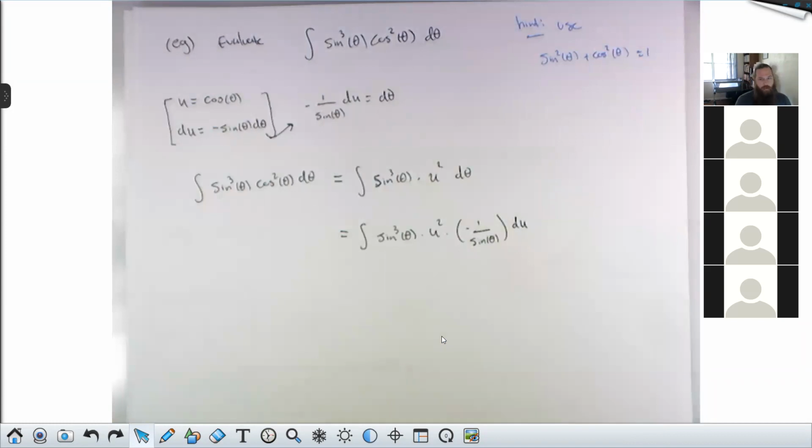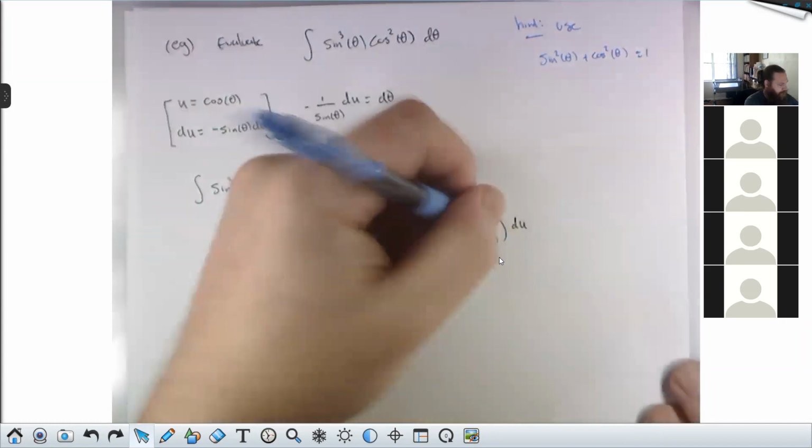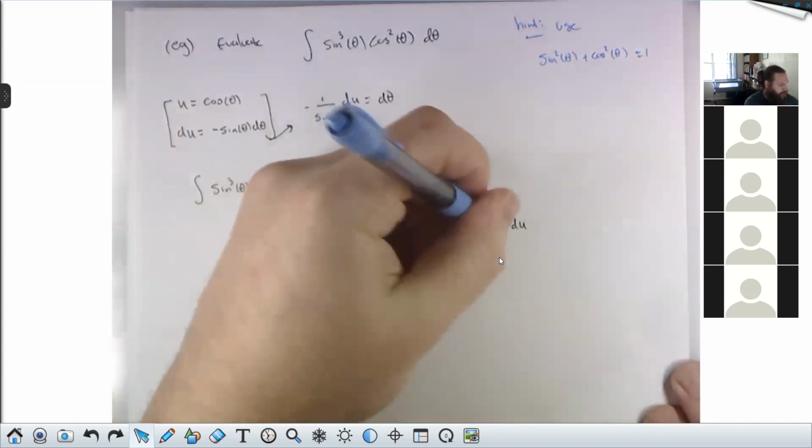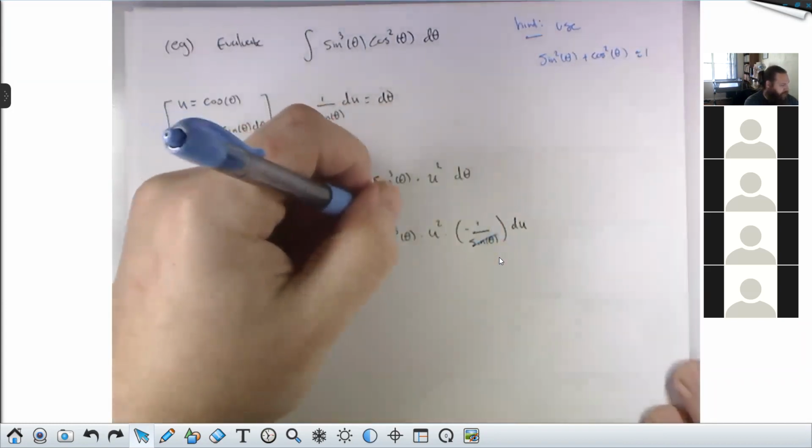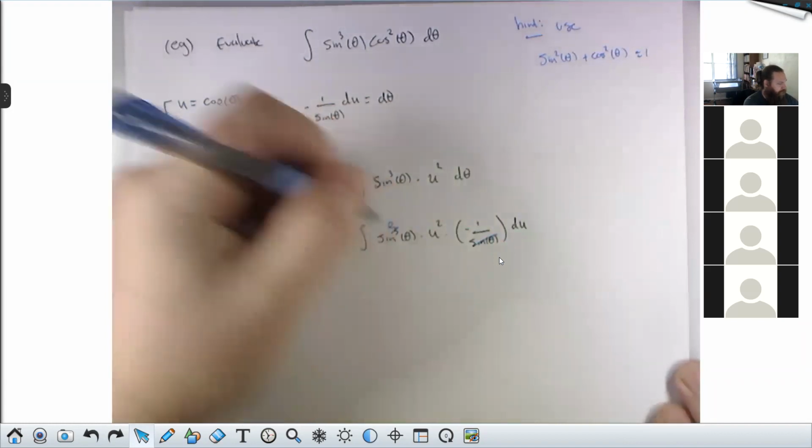So I've got my du in now. I've switched the differential from d theta to du. And the sine theta here will cancel with one of the sine thetas here, right? Everything here is being multiplied, so I can cancel. And that will knock this power down by 1.